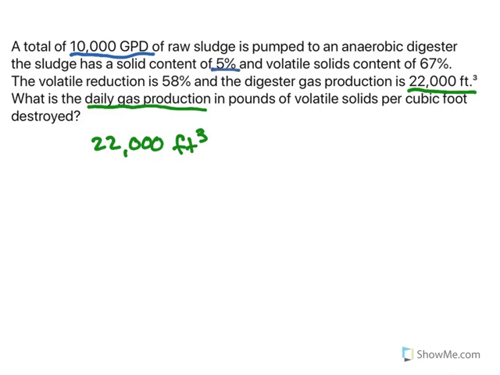So we need to use the 10,000 gallons per day, the sludge solids content of 5%, the volatile solids content of 67%, and then the volatile reduction of 58%.